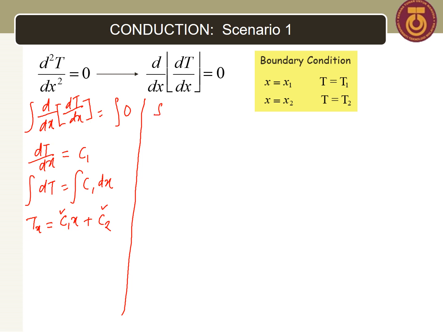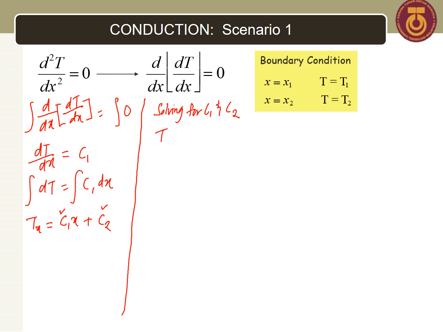So how to solve? Solving for C1 and C2 using the boundary conditions we assumed earlier. Our equation is T(x) equals C1x plus C2.